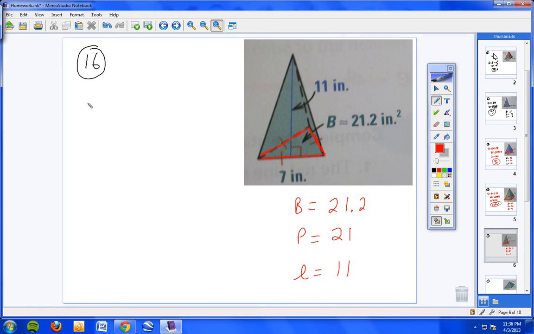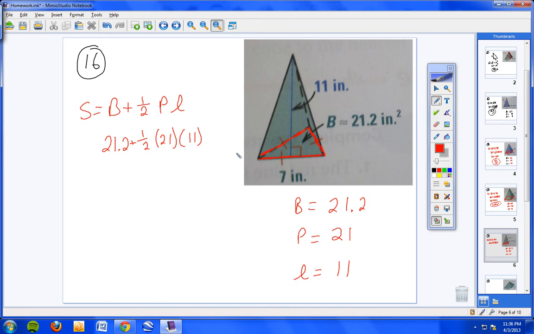So in order to find the surface area of this pyramid, we have the usual formula that we've used over and over now. I'm going to copy this so I won't have to keep doing this. For B, I'm going to substitute 21.2, for P, I'm going to substitute 21, and for L, I'm going to substitute 11.